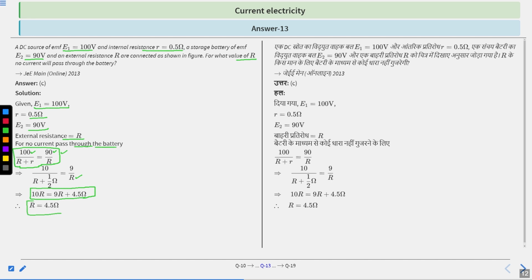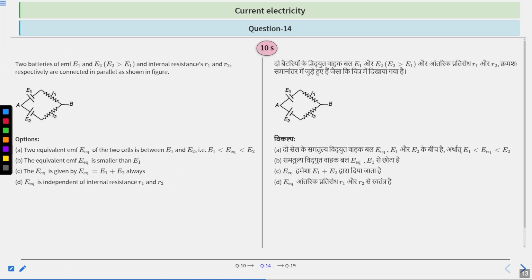So the value of R should be 4.5 ohm. In that case, no current will pass through the battery. So the correct option is C. Option C is correct. Next question. Question 14.